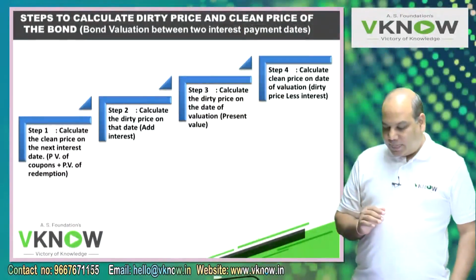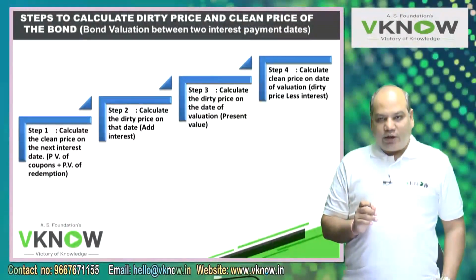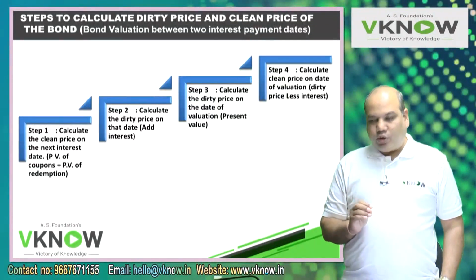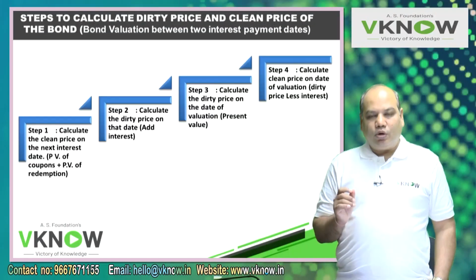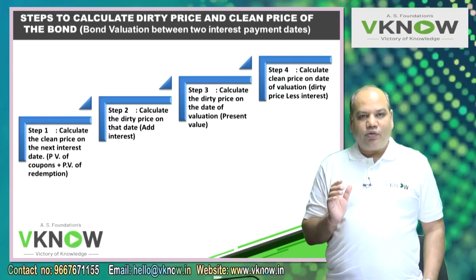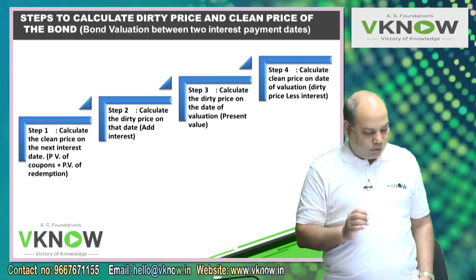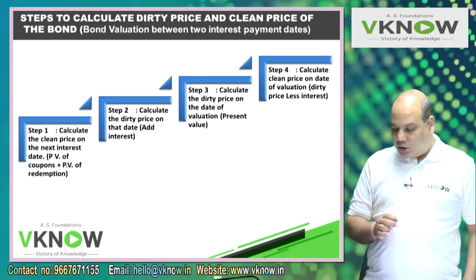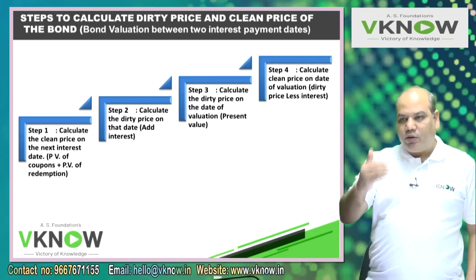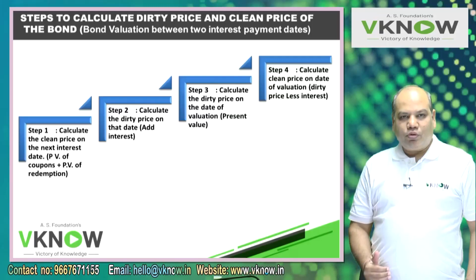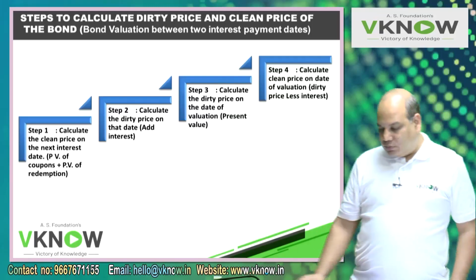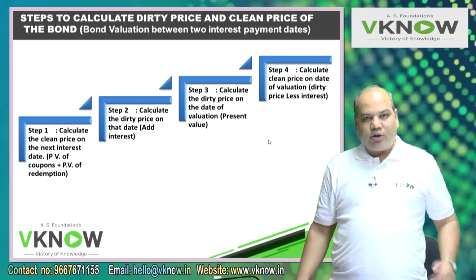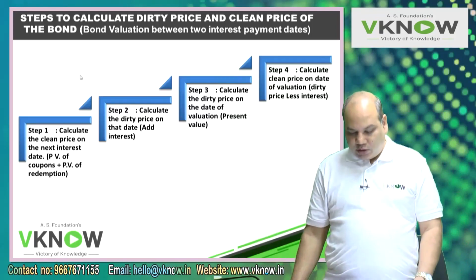Now I am going to dictate a very important note, how to solve problems of clean price and dirty price of a bond. So write down in the notebook. This is to be written in the notebook, 4 steps. You will write one below the other. I have presented it as an eye-pleasing presentation, but otherwise the student will just write 1, 2, 3, 4.